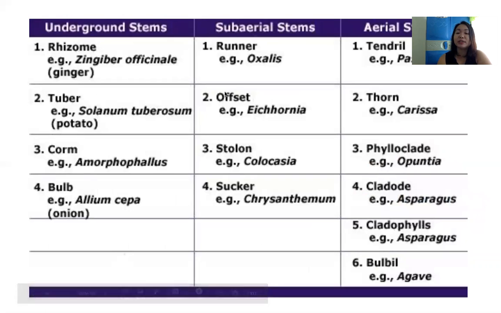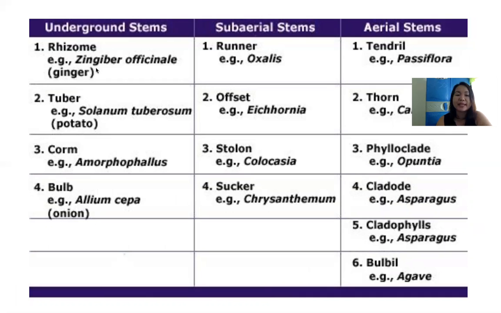So there are actually terms associated with different plants. For rhizome, it's used for ginger, or Zingiber officinale, and runner for Oxalis. These are underground stems: rhizome, tuber, corm, and bulb. For tuber, we have potato; corm, we have Amorphophallus; and bulb, we have onion.